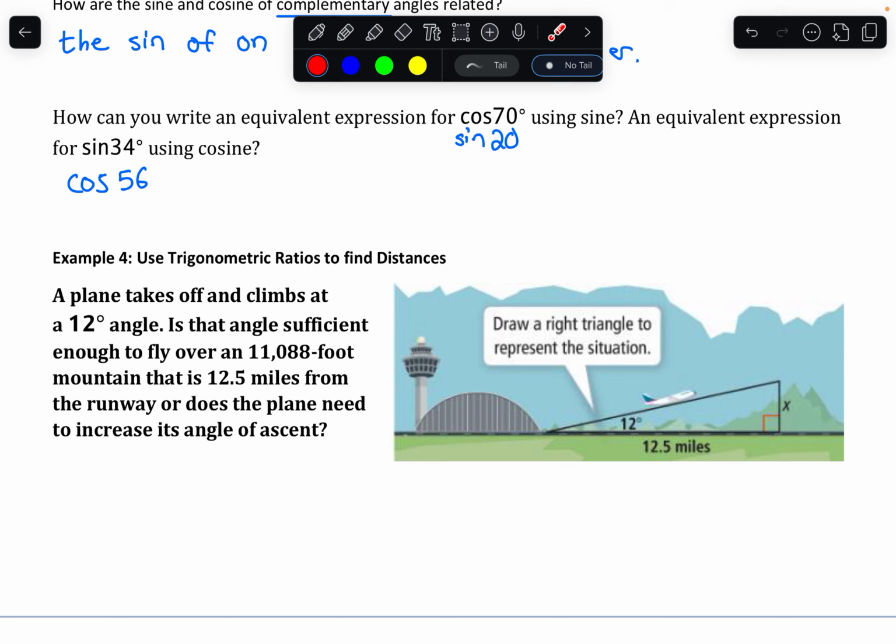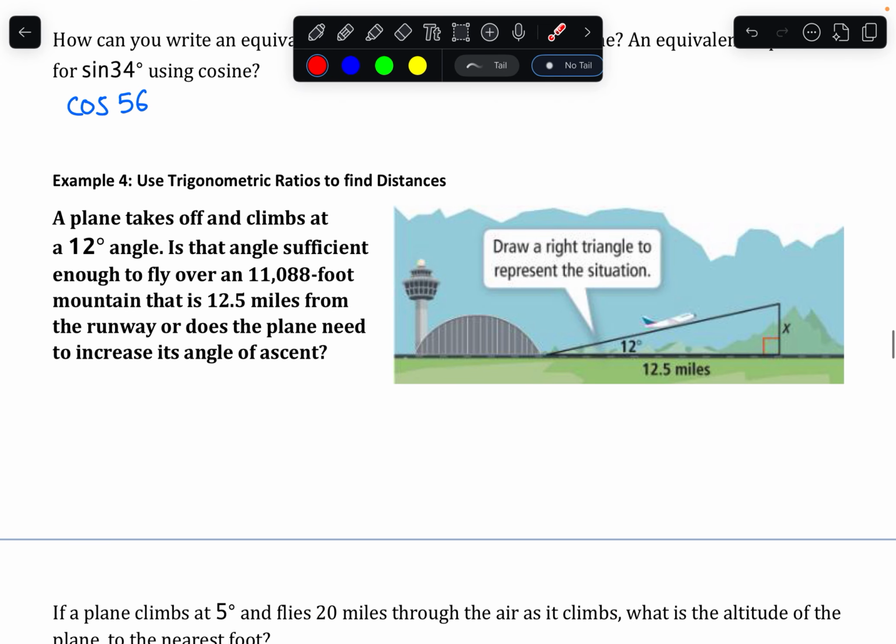So to figure out what trigonometric ratio I'm going to use to solve this problem, I think to myself, which trig ratio relates opposite and adjacent? And I realize I'm going to use tangent. So I'm going to write an equation that represents the tangent of the angle I'm standing on.